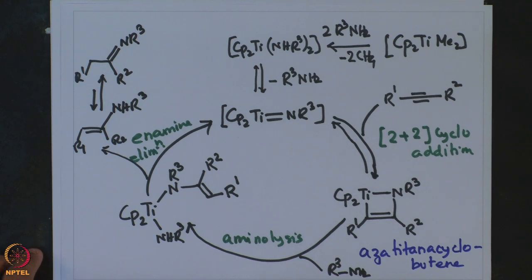So, this catalytic cycle is by far different from the other catalytic cycles which we had been discussing so far, in which there were 4 elementary steps, and 2 of them were oxidative addition and reductive elimination, the other 2 coordination insertion or coordination deprotonation, and so on and so forth.